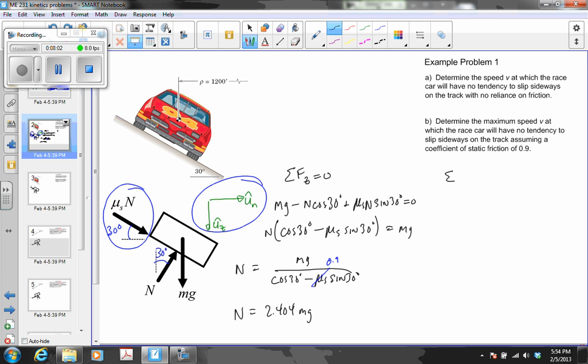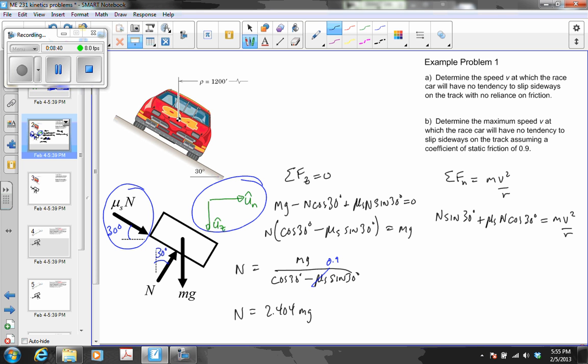So now I can sum forces in the normal direction, equal to mv squared over r. So what do we have in the normal direction? n sine 30 plus mu s n cos 30, the horizontal components of n and the friction force. That equals mass times acceleration, mv squared over r.